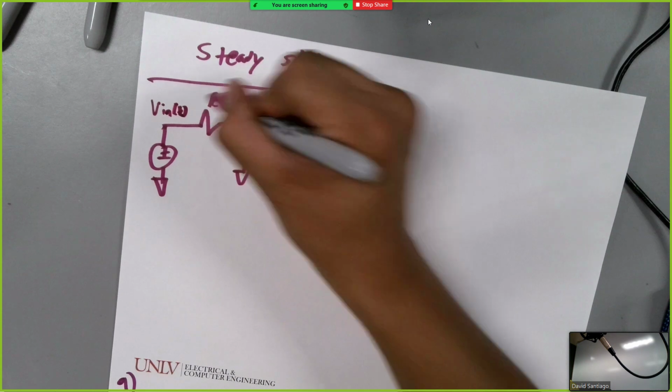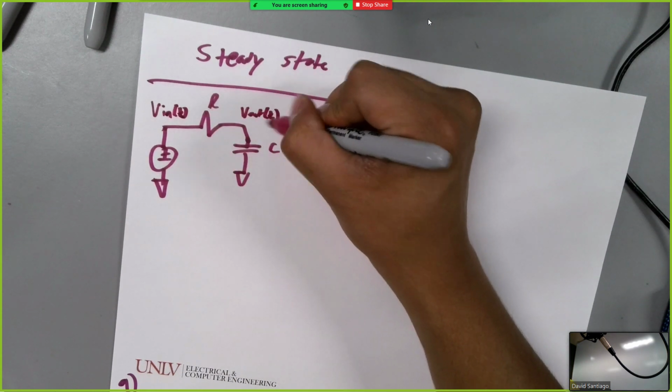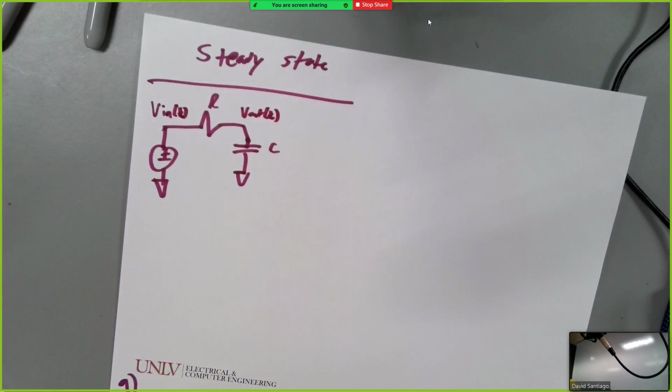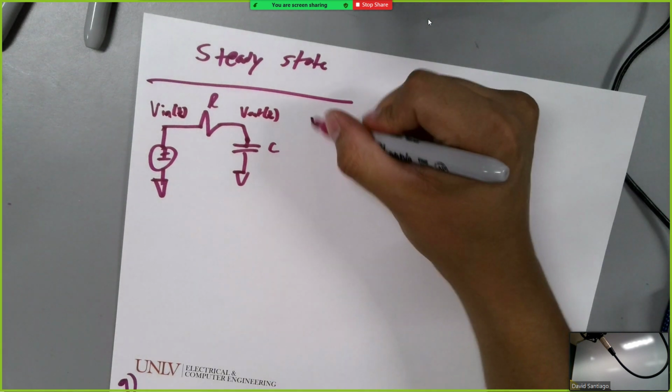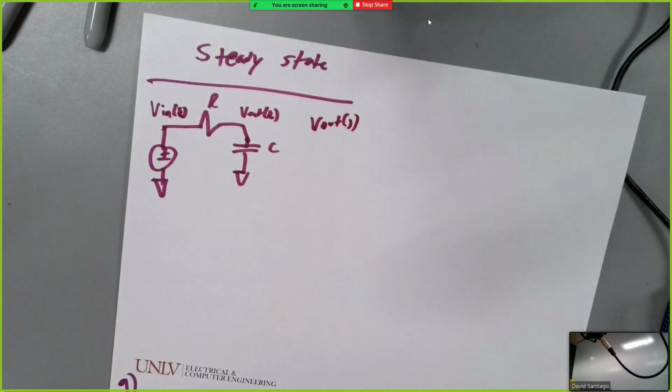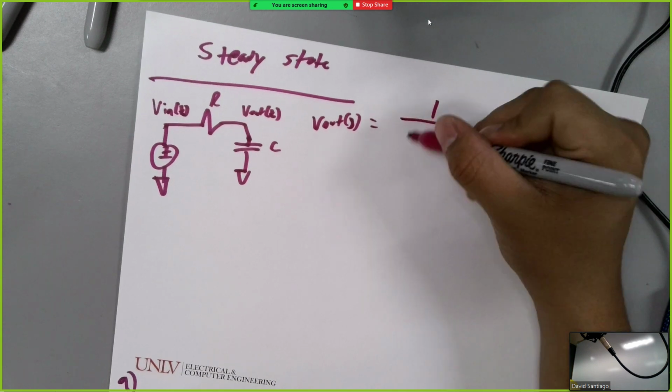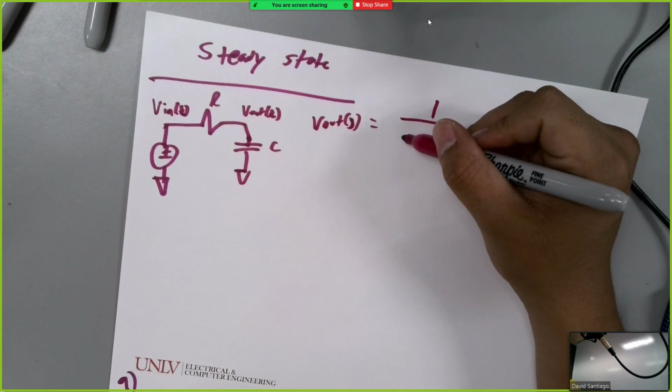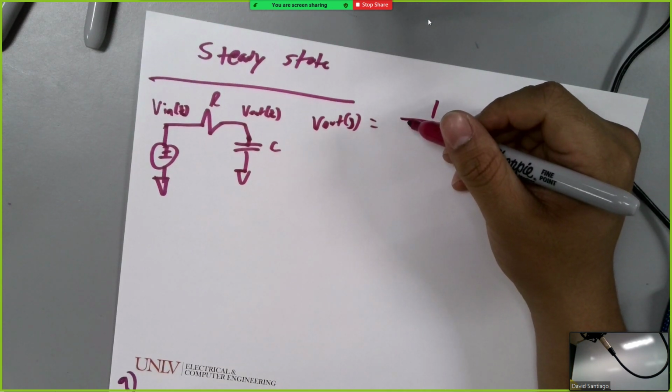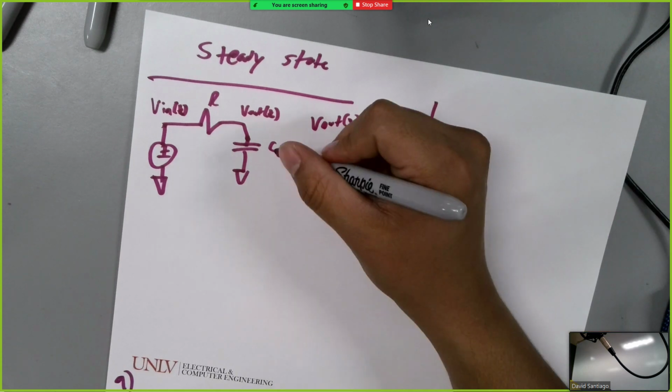Does that make it easier? V out of S. The differential equation is dy of t over dt plus 1 over RC times y of t equals 1 over RC times x of t.